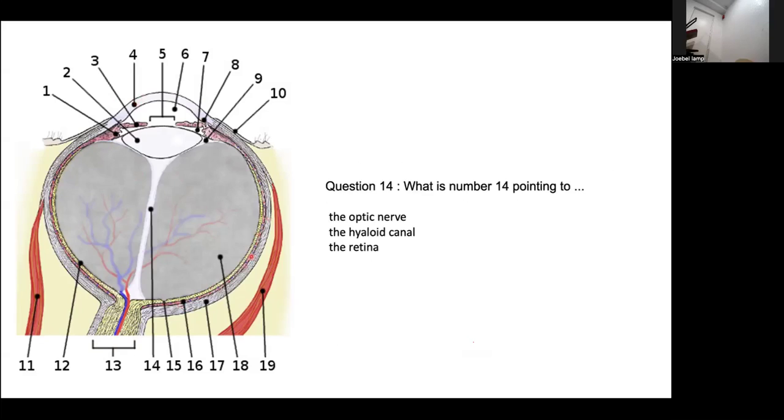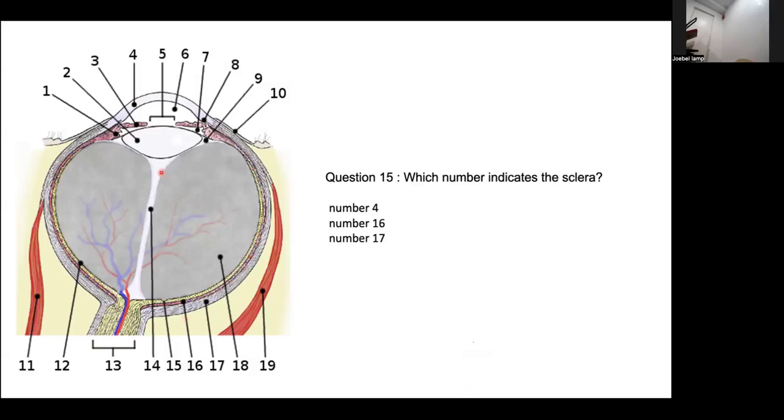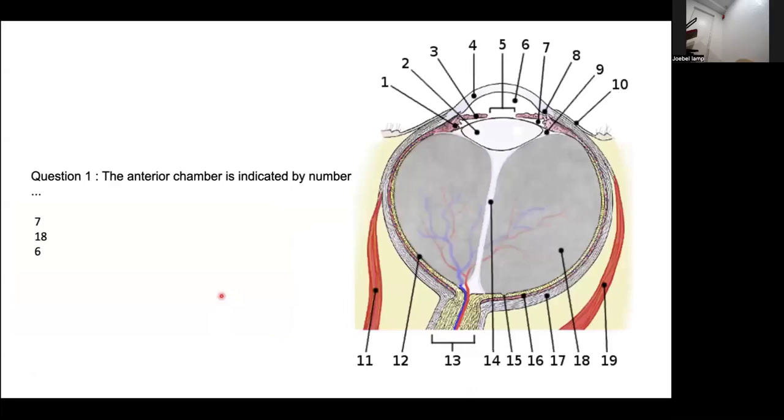The vascular coat. What is number 14? The hyaloid canal. Sclera. 17. Yeah. Anterior chamber, what number? 6.